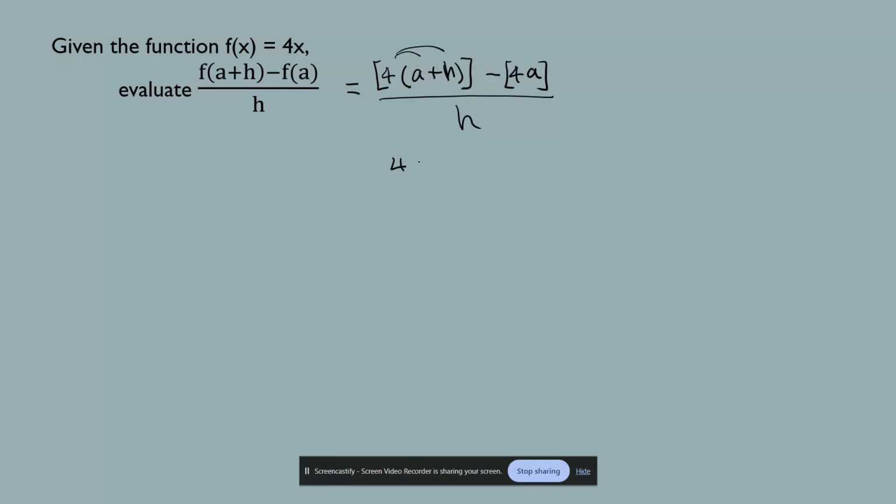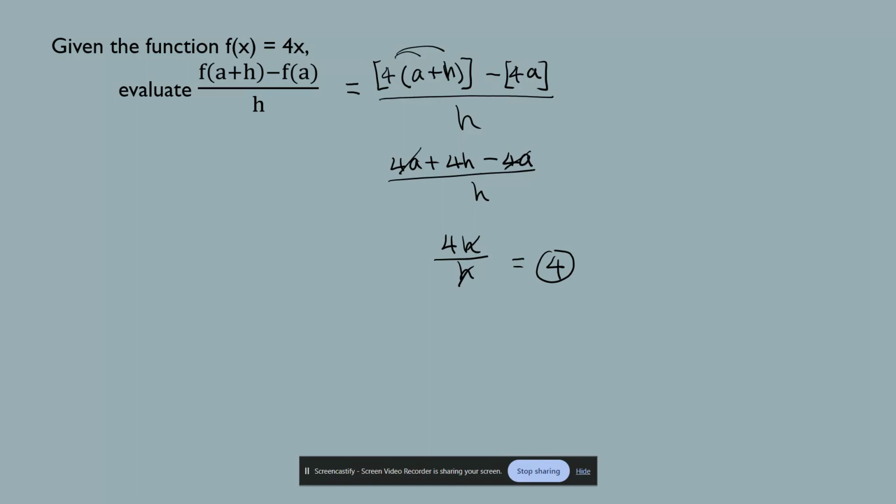So end up getting 4a plus 4h minus 4a on the top and h on the bottom. Then you will notice my 4a minus 4a cancel each other out. So you're left with 4h over h. Then you notice I can cancel h one more time. So you get 4 as your solution.